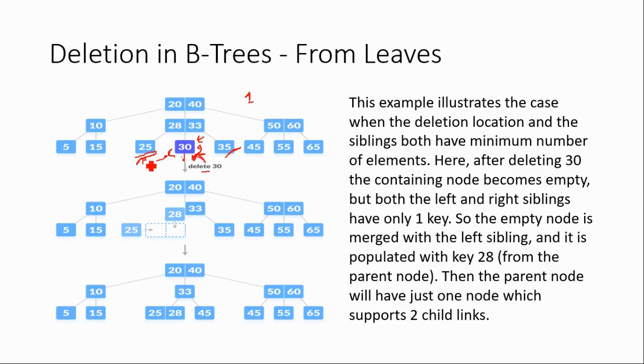Here we are considering the left sibling only. We merge the empty node with the left sibling and then pull one element from the parent node.